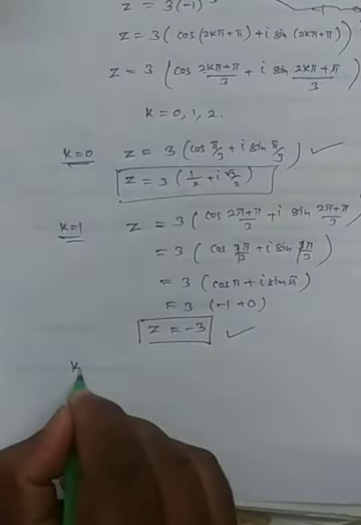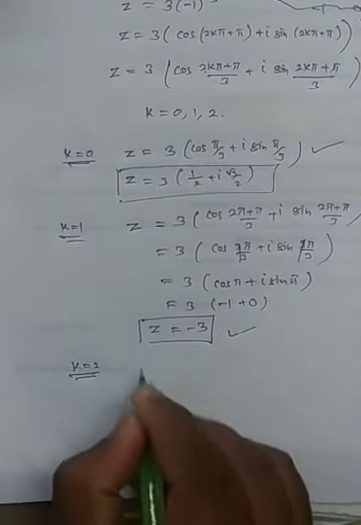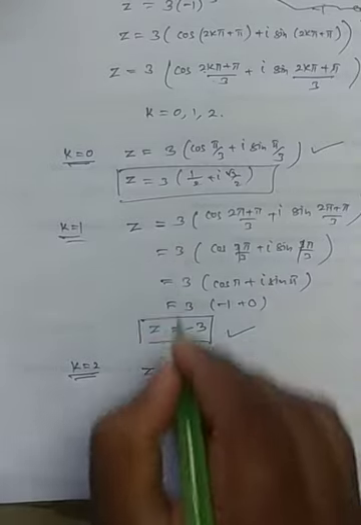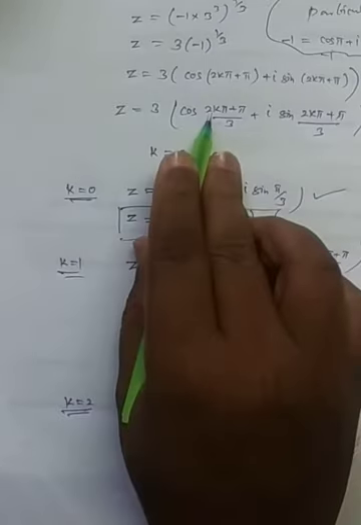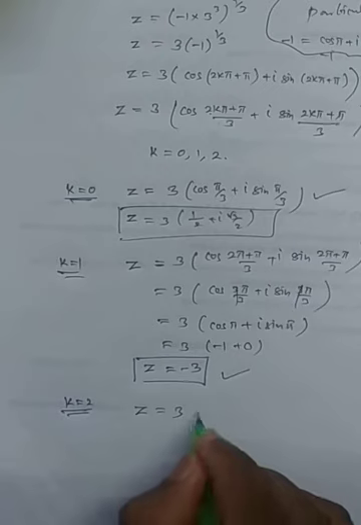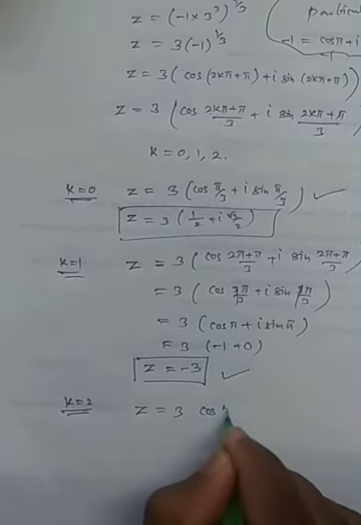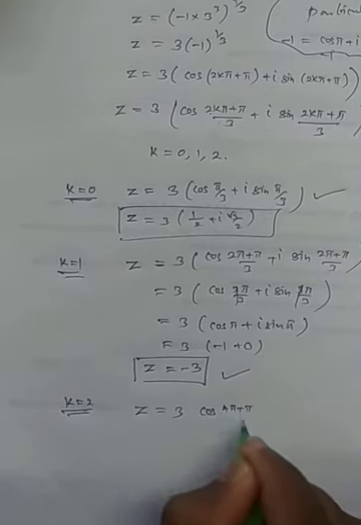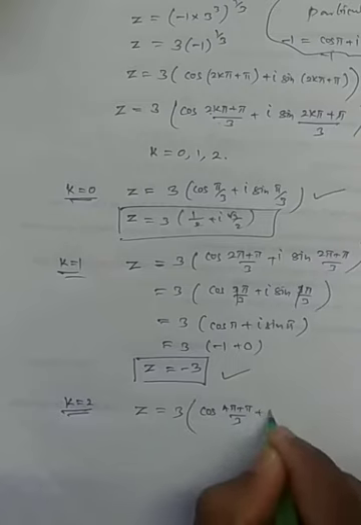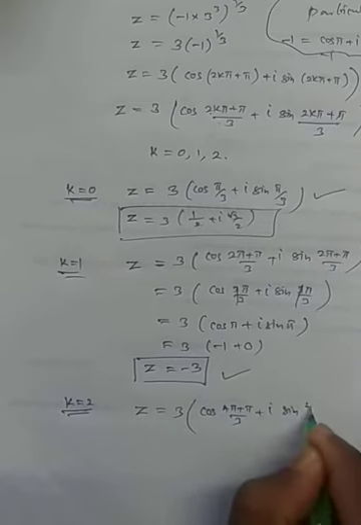Now put k equals 2. So what will the z value become here? 2 into 2 is 4 pi. So cos of (4 pi plus pi) by 3 plus i sin of (4 pi plus pi) by 3.